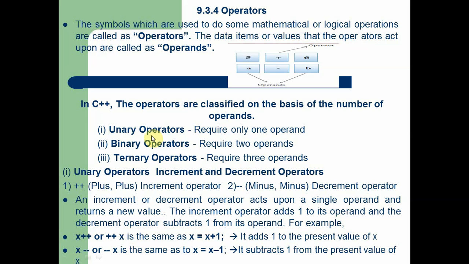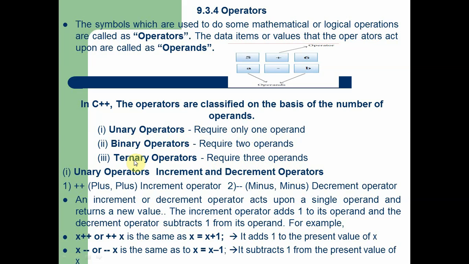One is unary operator, second one is binary operator, third one is ternary operator. The operator which requires only one operand is called unary operator. The operator which requires two operands is called binary operator. The operator which requires three operands is called ternary operator.